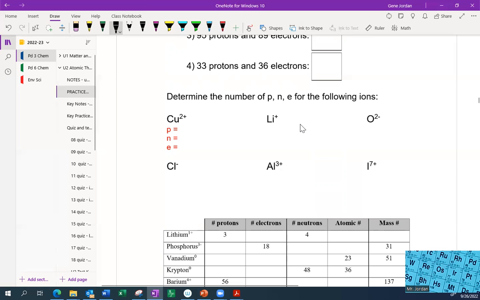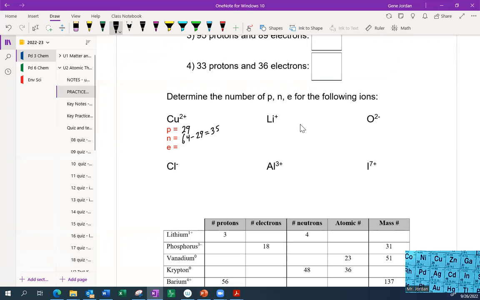Copper is +2. So we look up copper. And copper, Cu, some of these things you'll just get to know as you use them. Its atomic number is the number of protons, which is 29. The number of neutrons is its mass number, which is 64, minus the number of protons, which is 35, I believe.